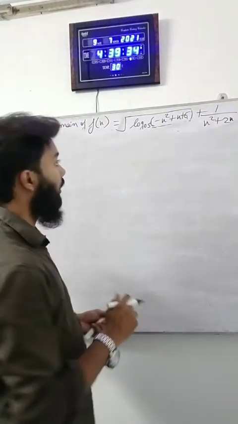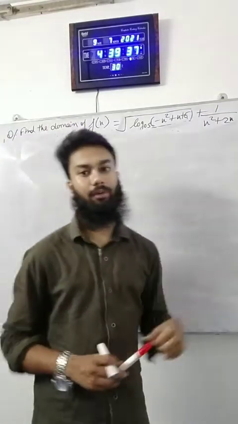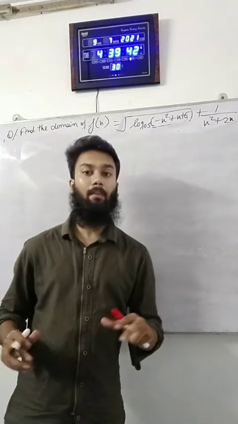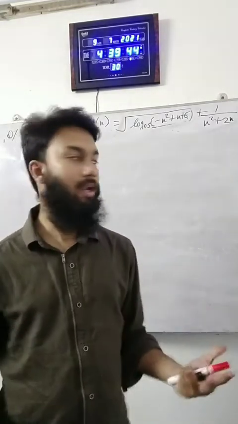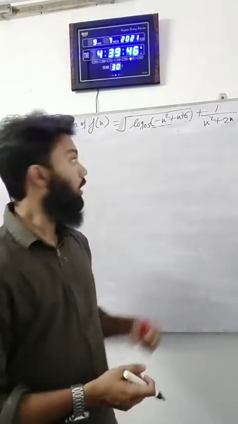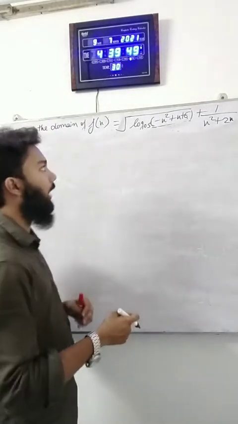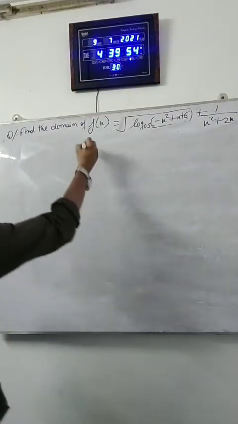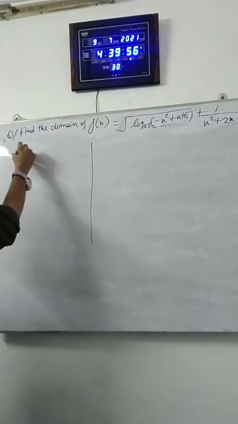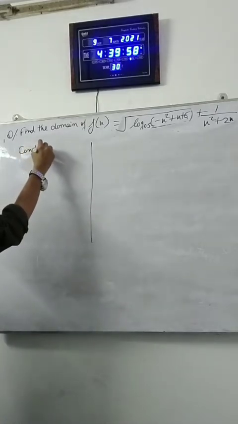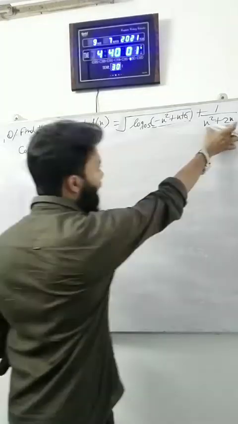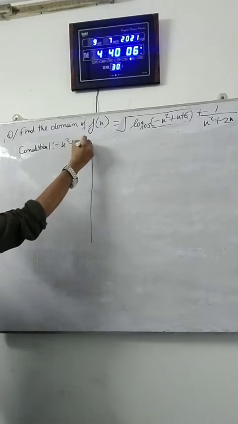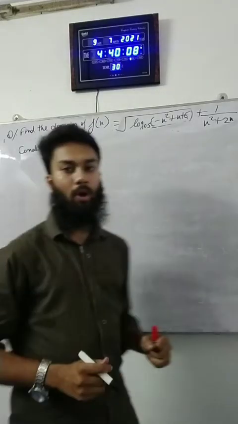So we have to find the domain of this real function, and for finding the domain, we always think about the condition at which the given function is defined. We can clearly notice that there are three conditions for this function f(x) to be defined. The first condition is that this denominator x square plus 2x must not be equal to 0.